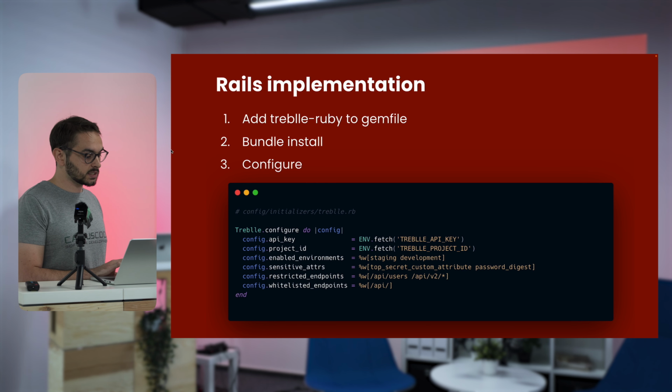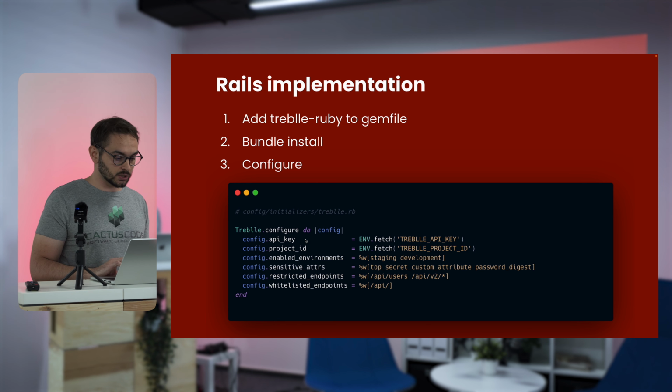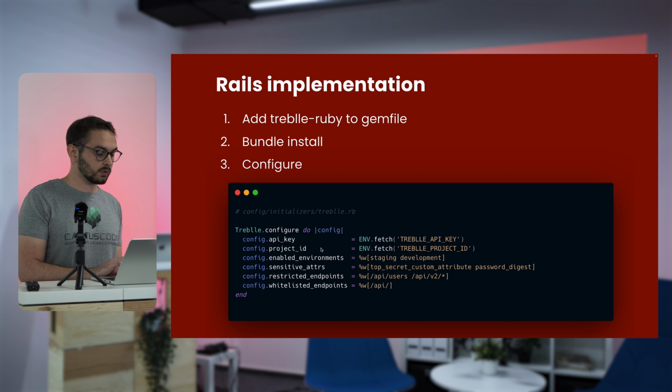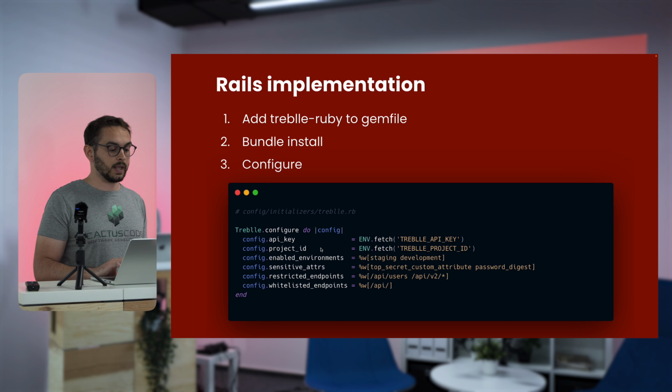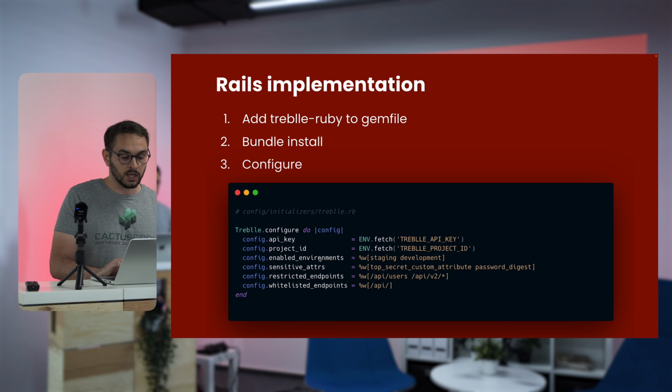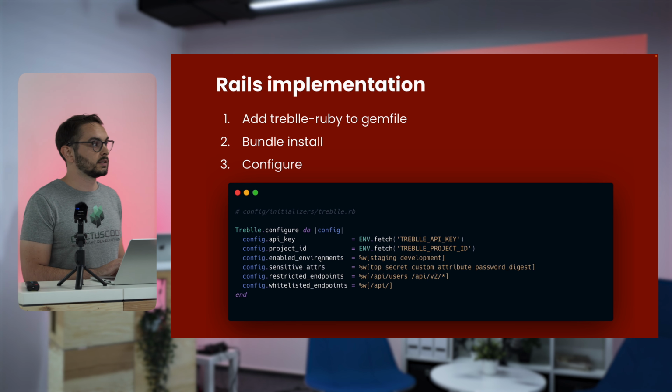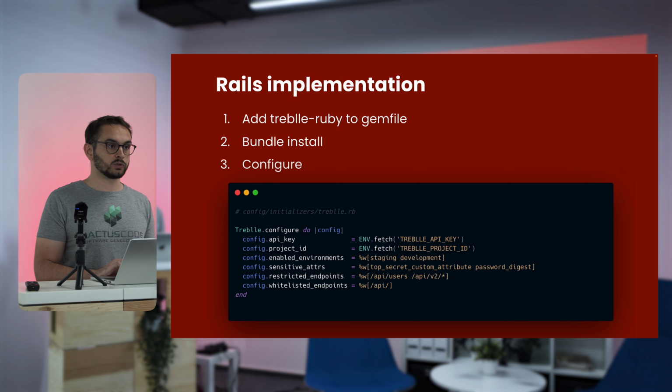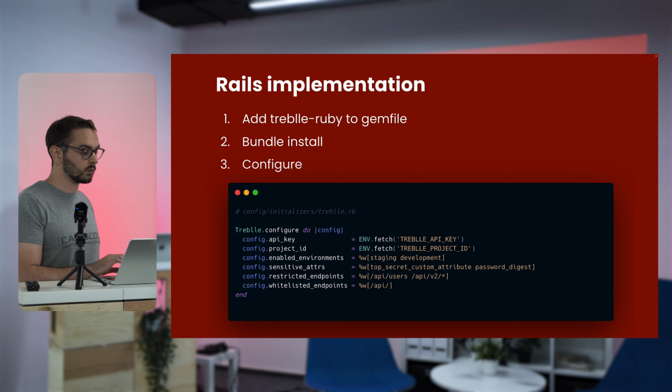So let's check the configuration of Treblle. First two, we have the API key and project ID, which you will get from the Treblle dashboard. Then you have enabled environments, which enables us to add the specific environment that you want to monitor, staging, development, production, whatever you want.